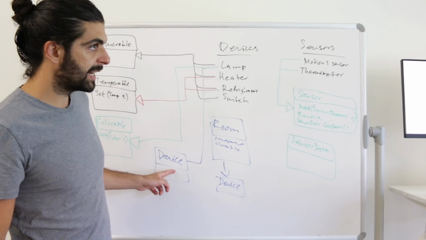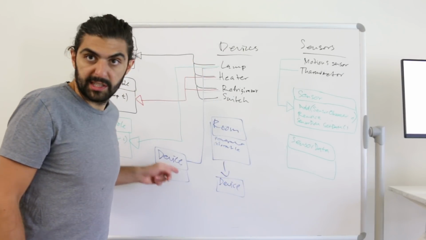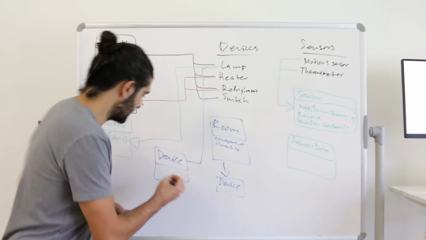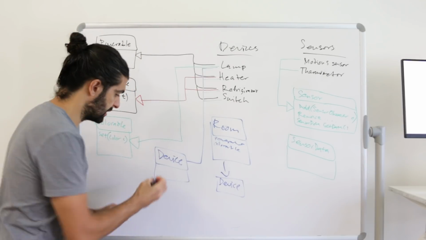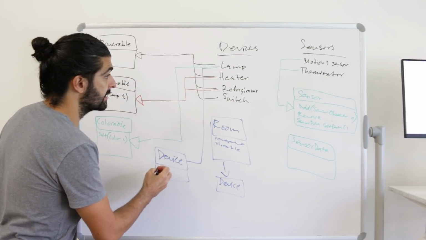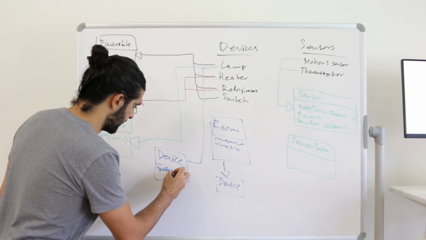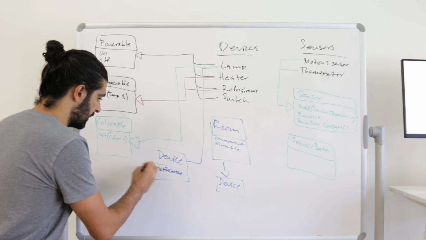So it gives you a factory that produces commands for that particular device. Actually, I think this is going to have to be pluralized. Let's say get factories, and it's going to return a collection.